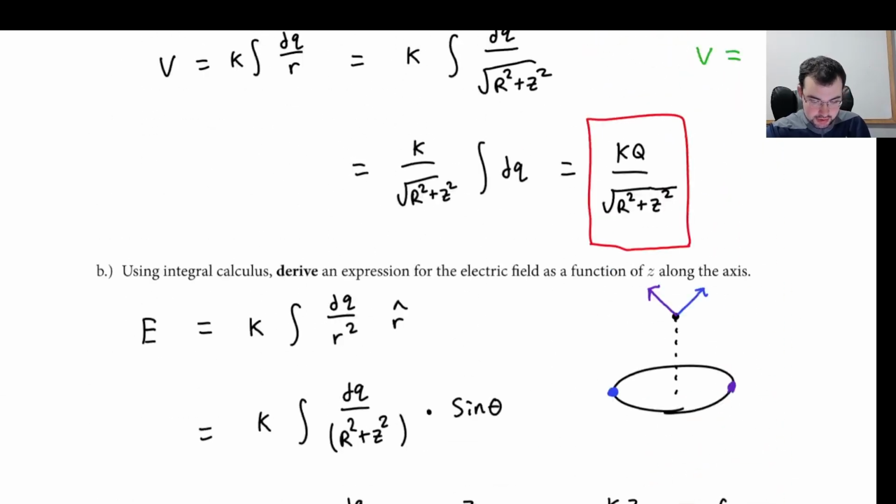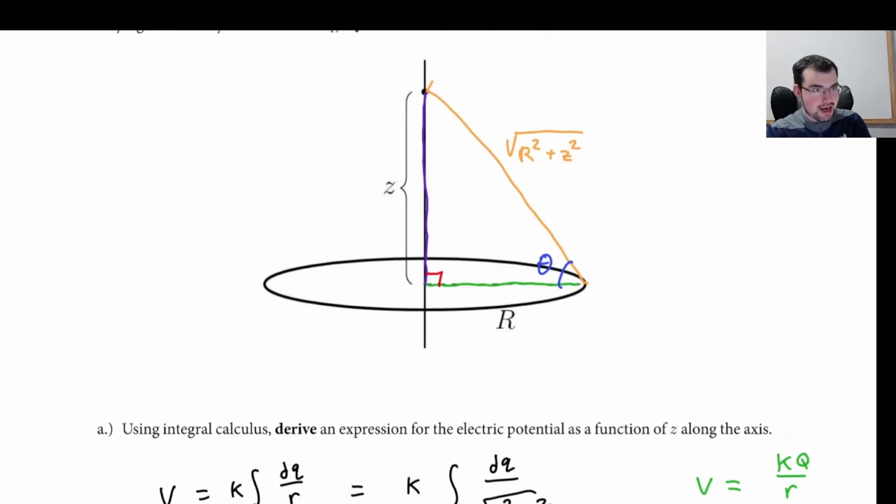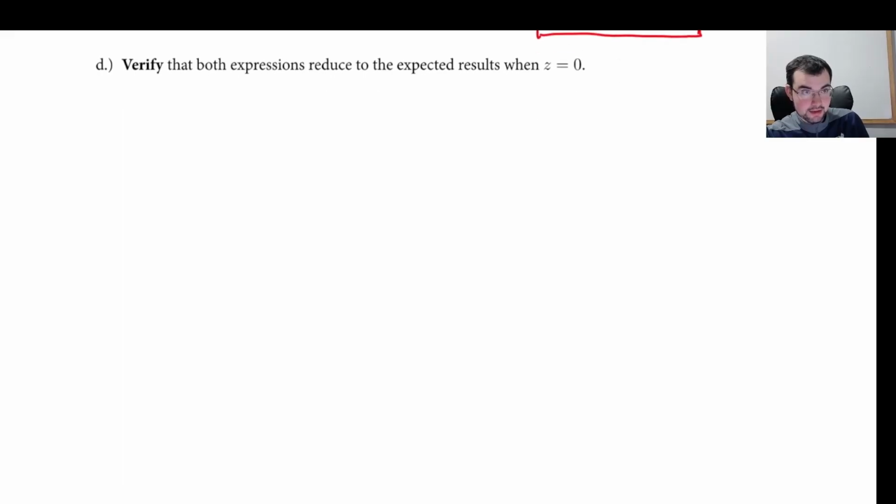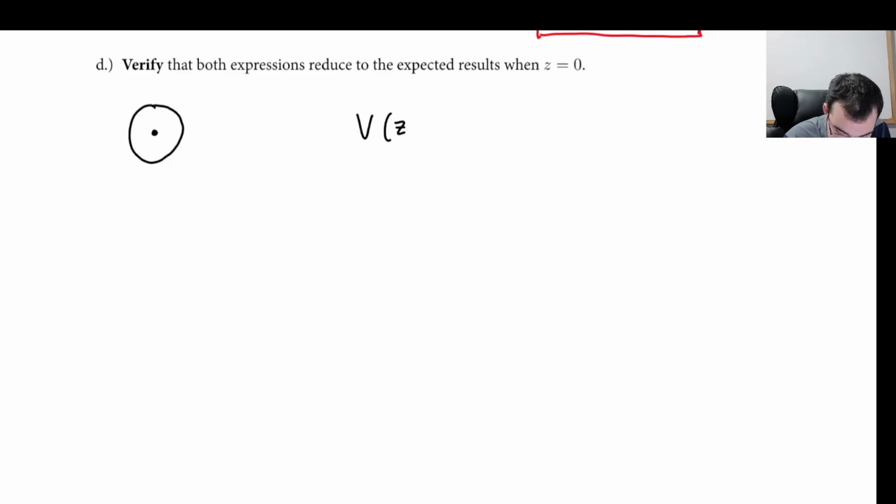So z equals 0, again, means that I'm not on the axis, I'm at the center of the ring. So I'm surrounded by a charge q at the center of the ring. For V, we said V was equal to kq over the square root of r squared plus z squared.